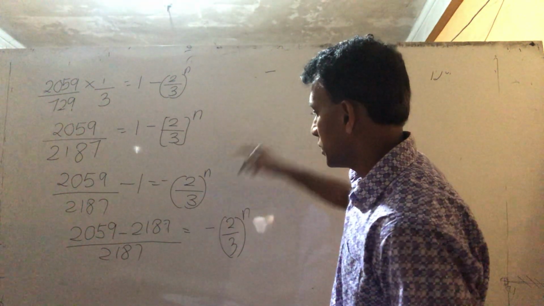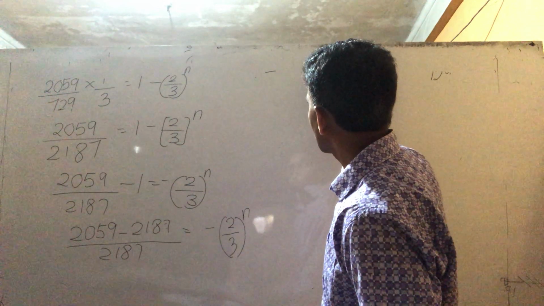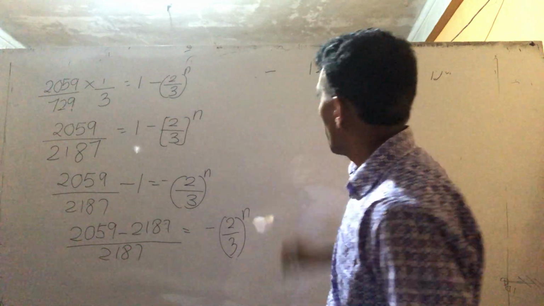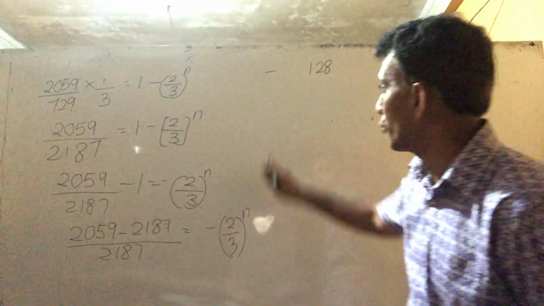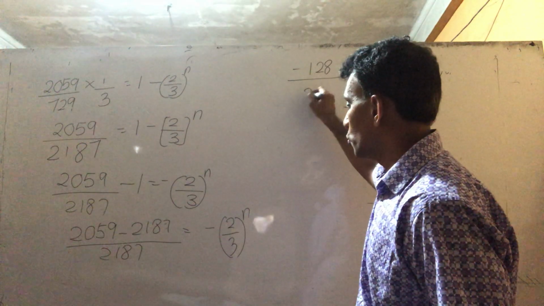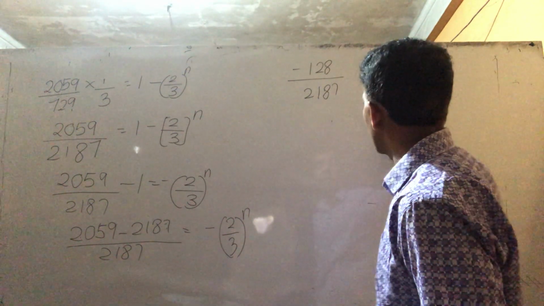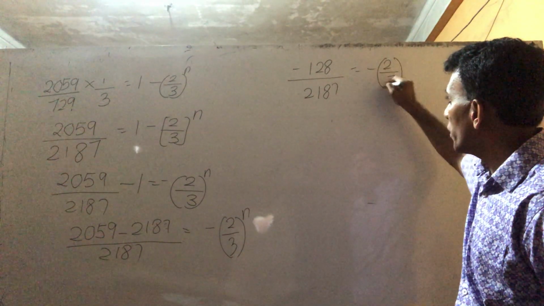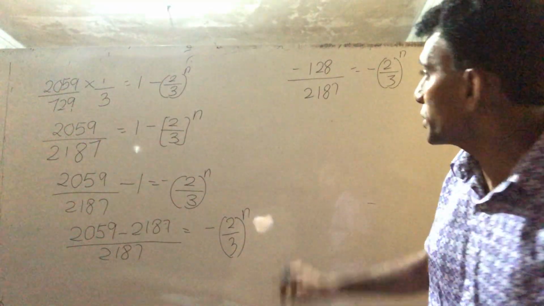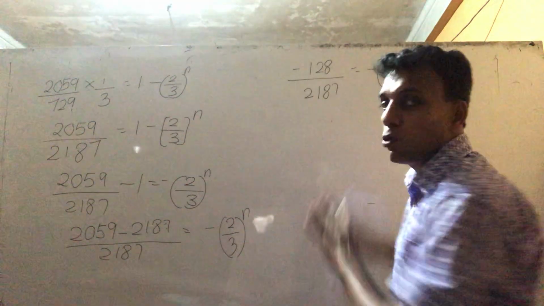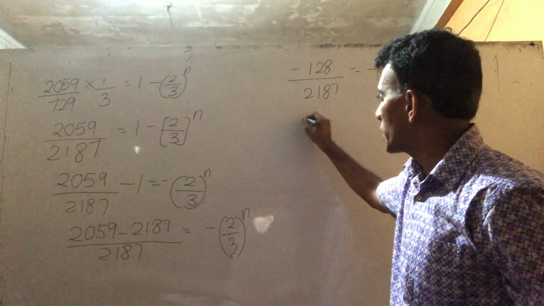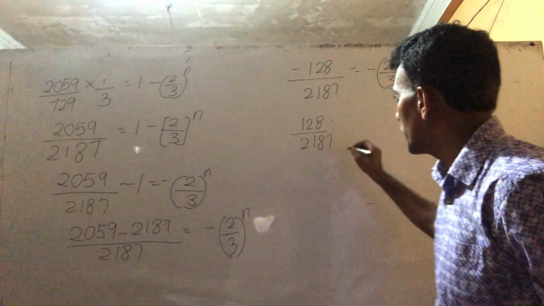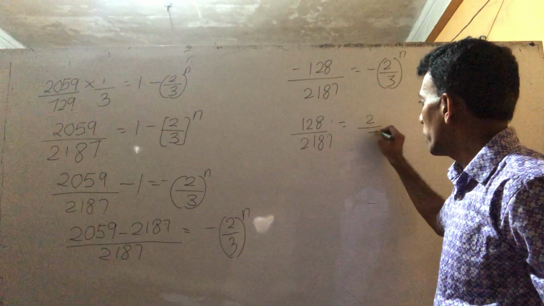Over that 17 means 8. Okay, here what 7, therefore 2. Is it 1? Minus 128, right? Over 2187. This side minus 2/3 completely power is n. And now both sides this minus cancel. You can remove that minus now, right? I show the step. 128 over 2187, 2/3 over n.